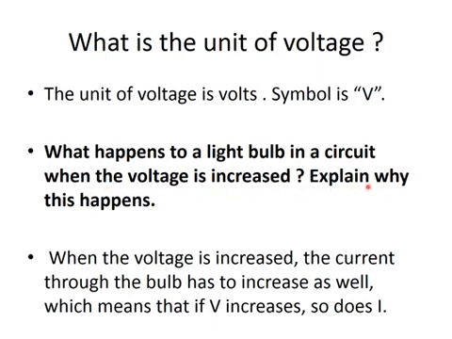Explain why this happens. In this question you have been asked that if you have a circuit in which there is a bulb and you increase the voltage, what will happen to the bulb?